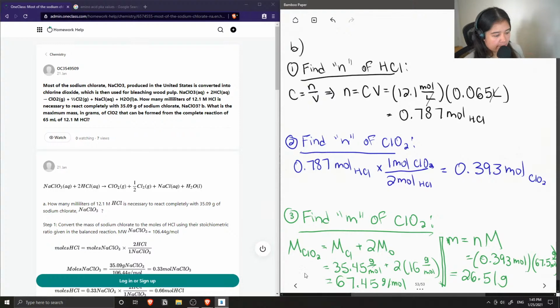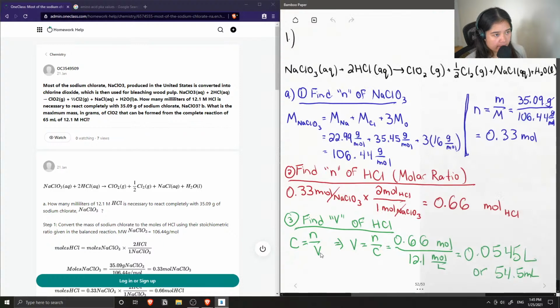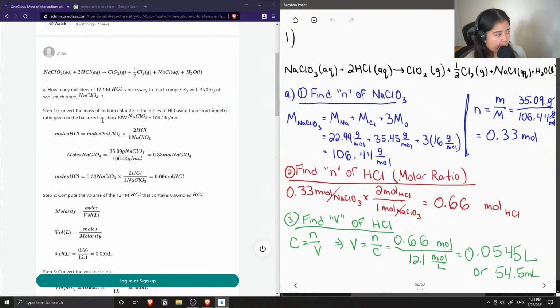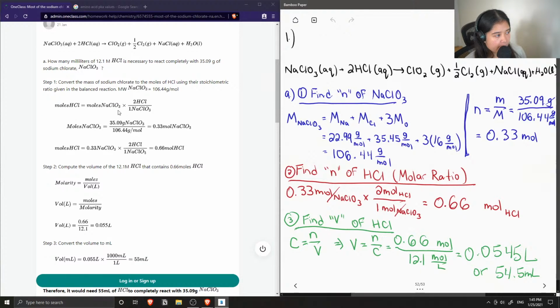Okay, so now let's see what the junior tutor said, starting with part A. First, convert the mass of sodium chlorate to moles of HCl using their stoichiometric ratio given in the balanced equation. And they have the molecular weight of sodium chlorate to be 106.44. So they did it all in one step.